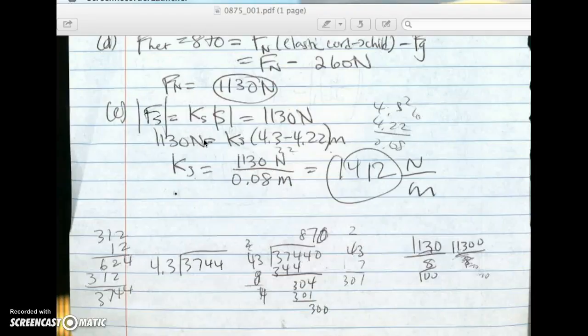And because the length of stretch is 0.08 meters, which I get from subtracting 4.22 from 4.3, you just divide 1130 newtons by 0.08 meters to get around 1412 newtons per meter.